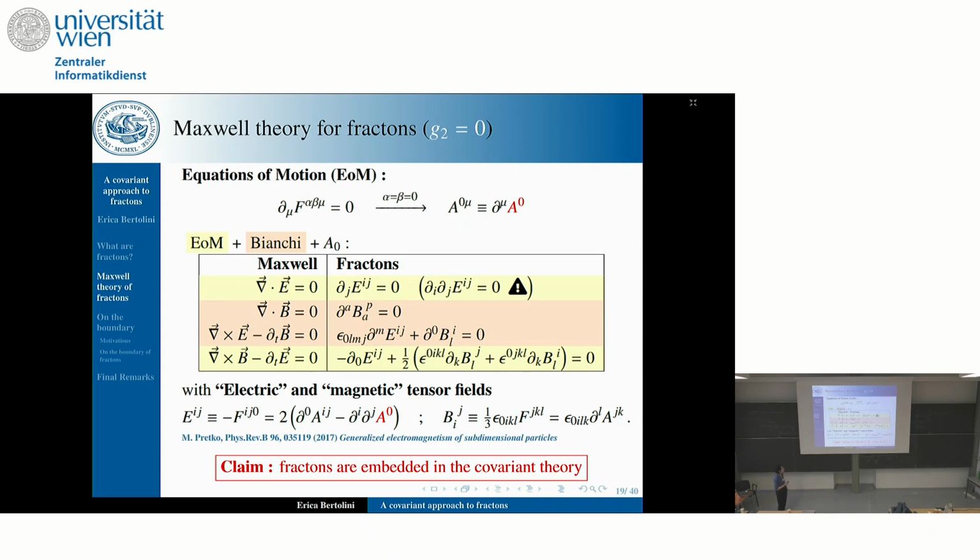And by keeping this in mind and looking at the rest of the components of the equations of motion and Bianchi identity, one lands exactly on a higher rank generalization of Maxwell theory.